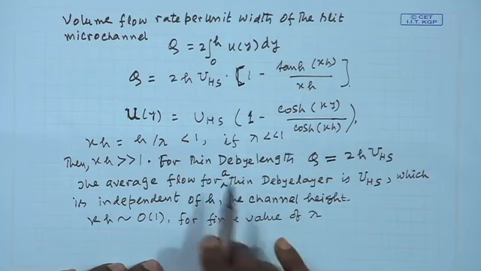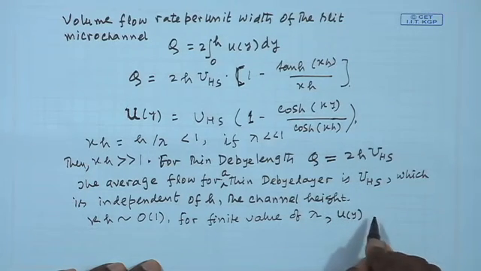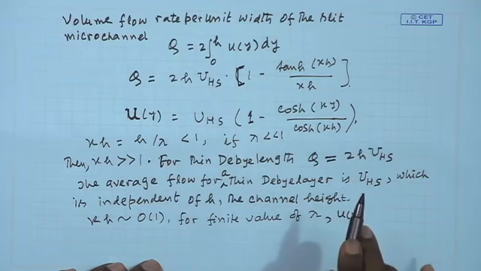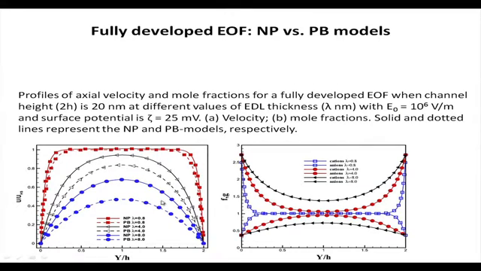So what you find is that Ui, or for that matter the average UHS, reduces as kappa H is increasing.